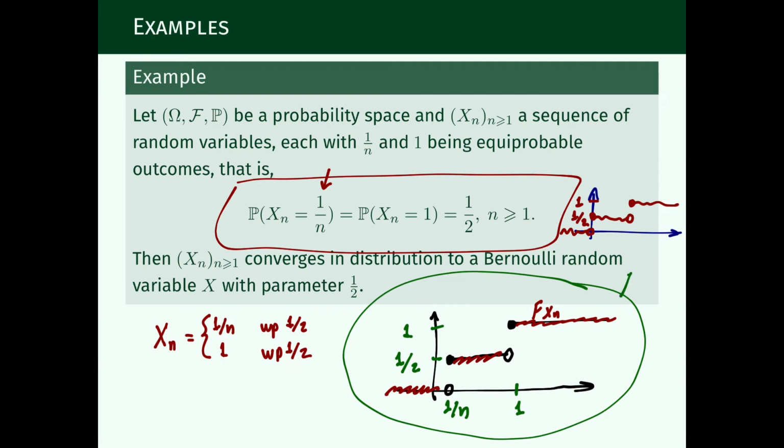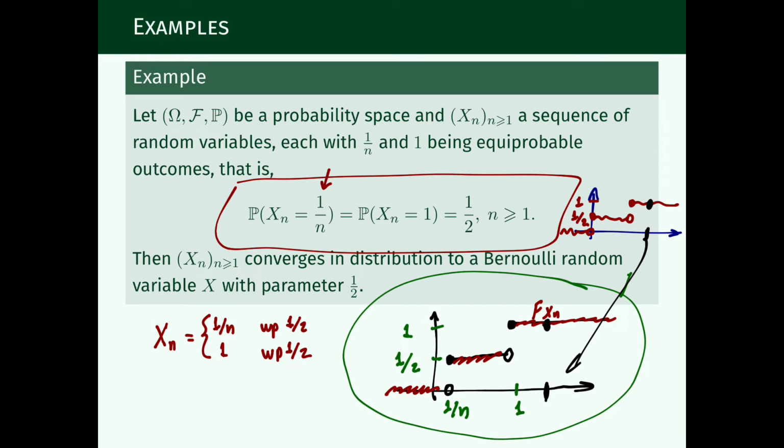And now we ask, does this converge to this? If we check, for any point that we fix here, this is always 1. So yes, of course it does converge. Here's the same point down here. It is always 1. Yes, a constant sequence equal to 1, it does converge.